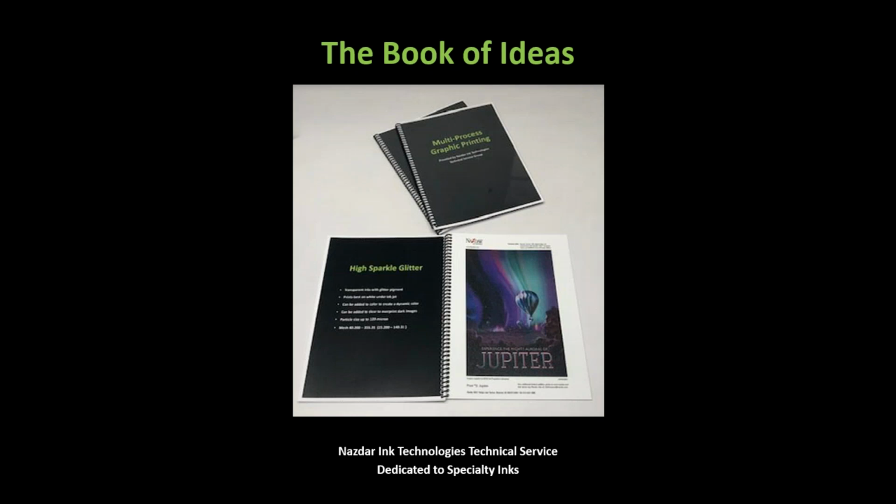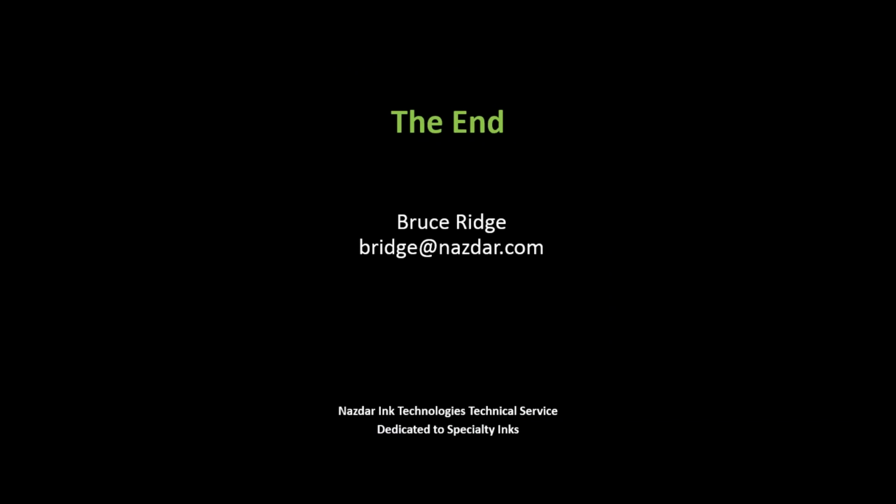And I know this presentation has been short and sweet, but we have a handful of these images that look so much better in person than they do on your screen. And I would encourage anyone who is interested in combining these printing processes to drop me a line and I'll send you out one of these once we get them made up.